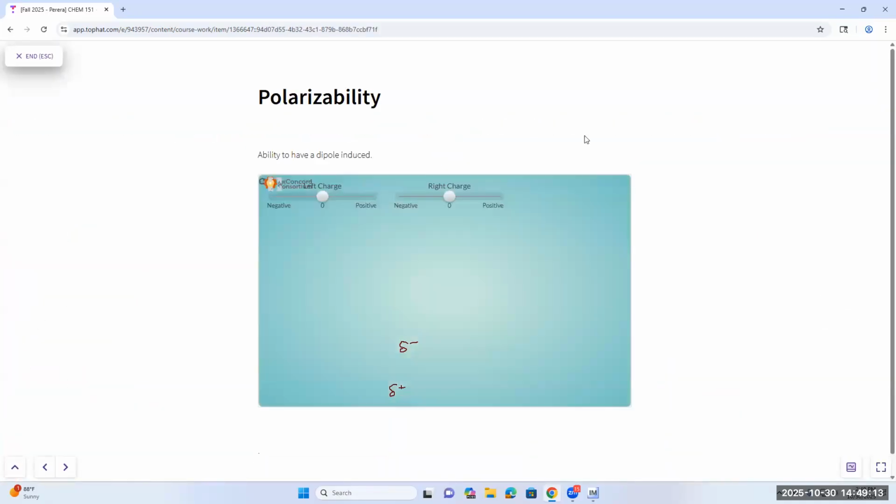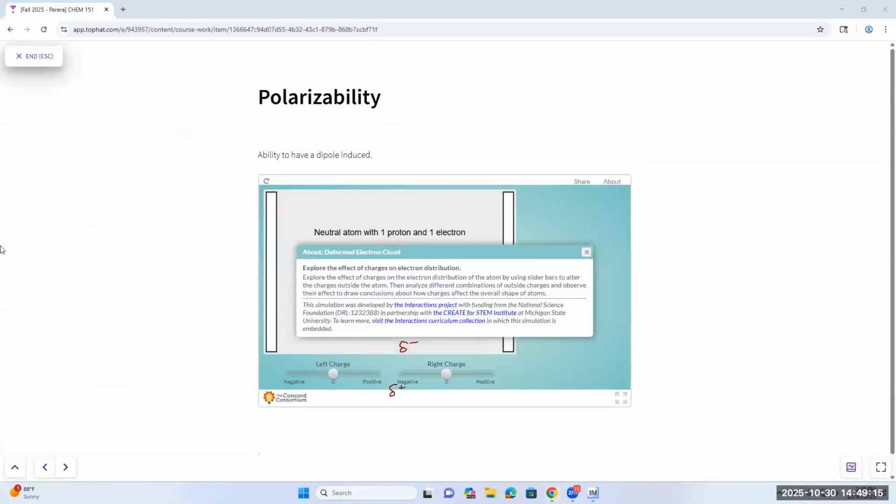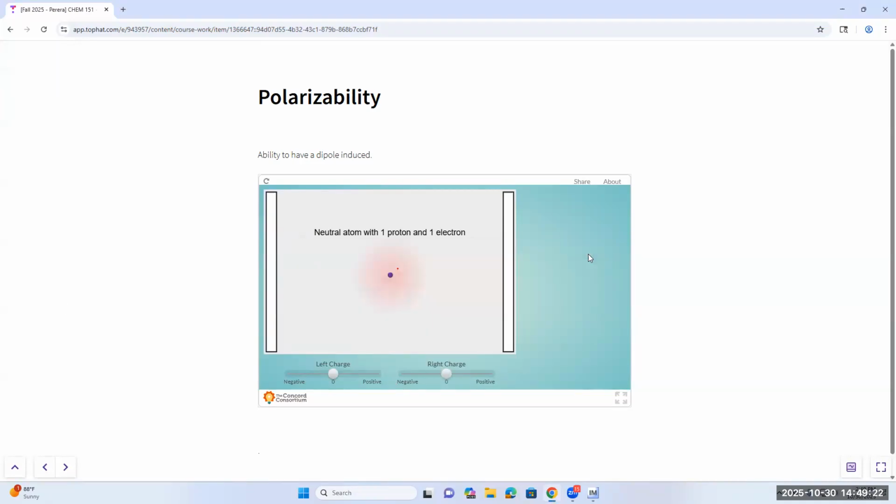Let's think about a totally innocent atom like neon or argon. With just one atom, there are no polar bonds. There are no bonds to begin with, nothing. It has a totally spherical electron cloud like that.